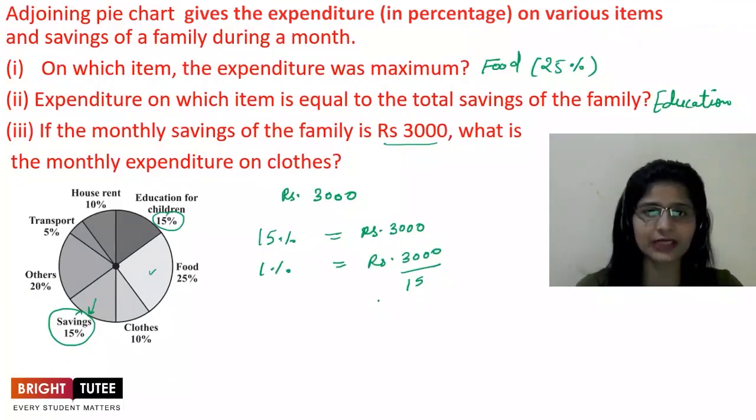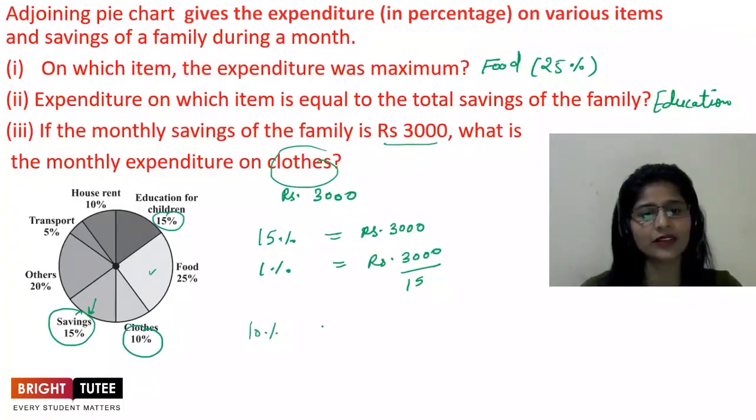Right? I am using the unitary method. And I have to check for clothes. For clothes, what is the percentage given? 10%. So what do I have to calculate? If I know 1%, definitely I can calculate 10%. So we are going to multiply it now with 10. So 10% will be equal to rupees 3000 divided by 15 multiplied by 10, right?